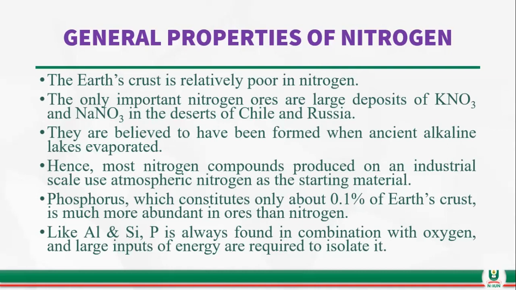Phosphorus, of course, which is the next member of group 15, constitutes only about 0.1% of the earth crust but is much more abundant in ore than nitrogen. You see, the ores of phosphorus are more, even though phosphorus appears at 0.1%. You can really dig the soil and have soil that has phosphorus combined in an ore form that you can extract phosphorus from.